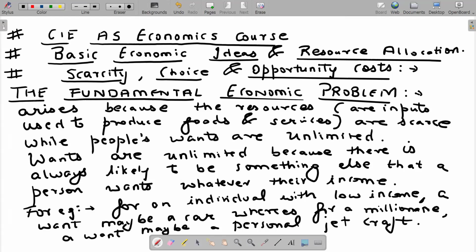Like I said in the beginning, wants vary across income levels. Hoping students have understood this.